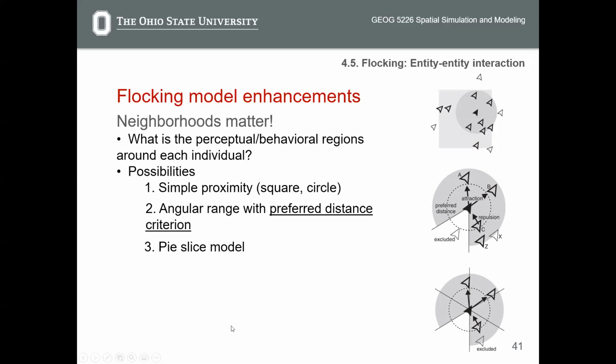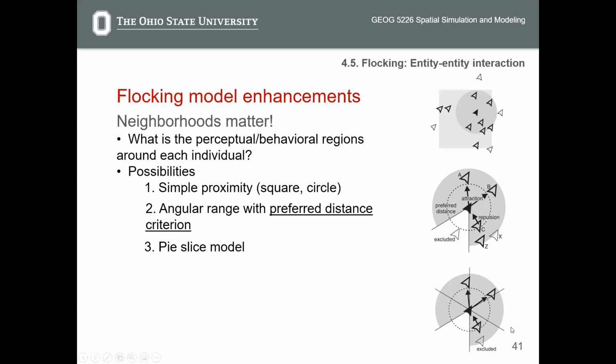You can also slice the pie into different small slices. Of course, you can arbitrarily decide which slice is considered the neighborhood of the bird of interest. Right, this is totally arbitrary.